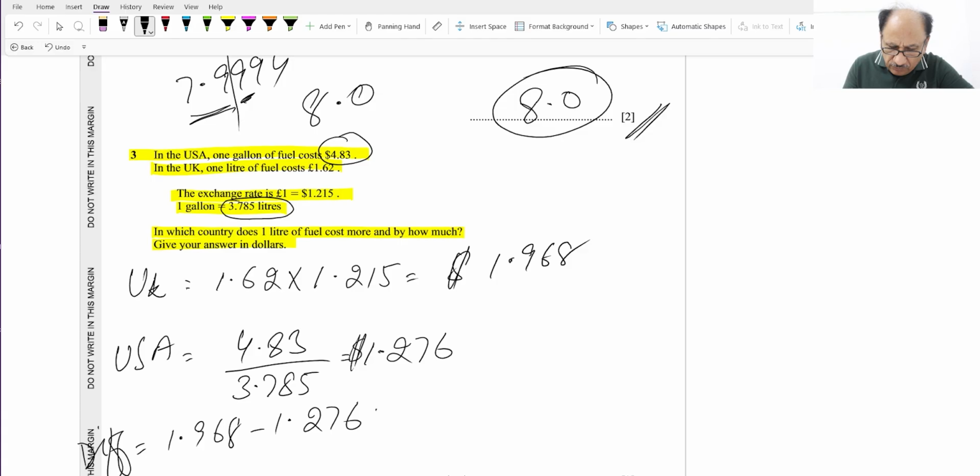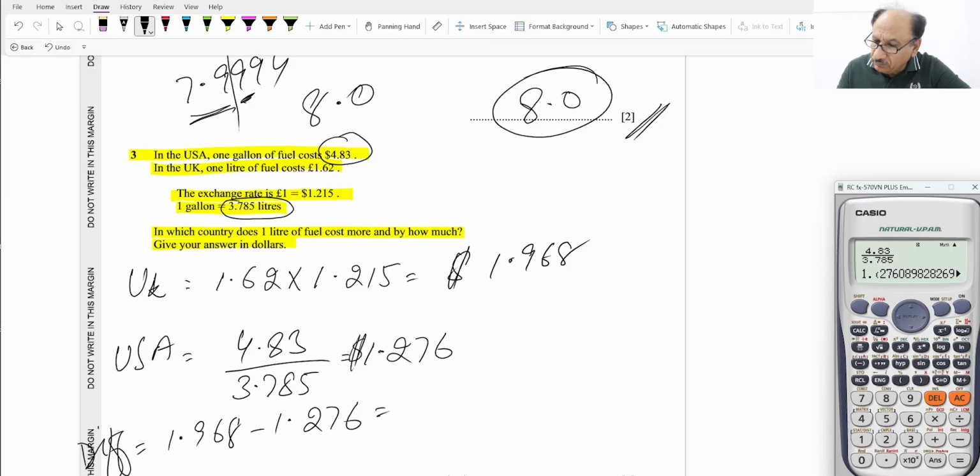So the difference will be, we'll have to do this again. 1.968 minus 1.276, and this will give us the answer 0.692.